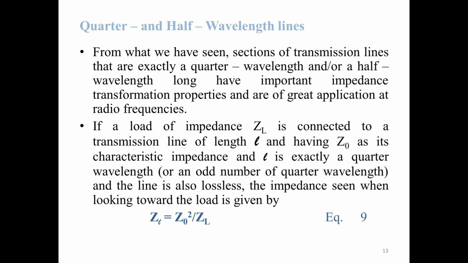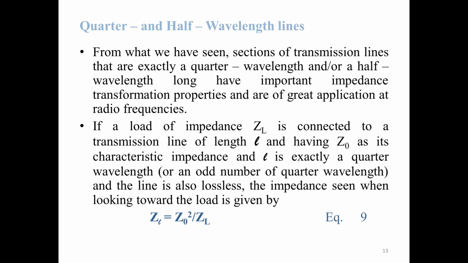That brings up another important term: quarter and half wavelength lines. From what we have seen, sections of transmission lines that are exactly a quarter wavelength and/or a half wavelength long have important impedance transformation properties and are of great application at radio frequencies.